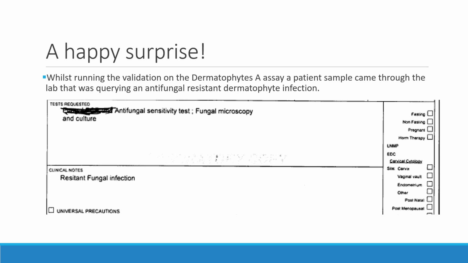However, there are a couple of notable exceptions when we do culture, and this is one of those cases. When we have a request slip come into the laboratory that is querying a resistant fungal infection or Trichophyton indotineae, we set up a culture on our derm agar medium with a urea slope medium. While this culture is going, we await PCR results.